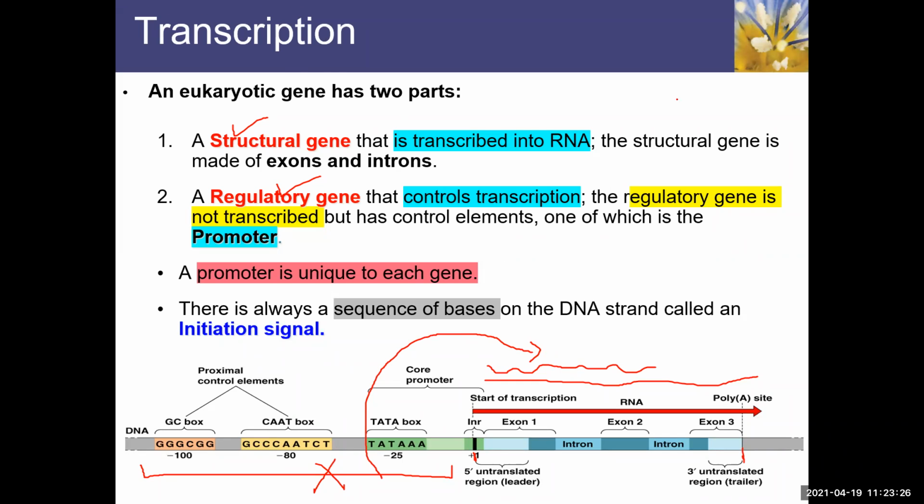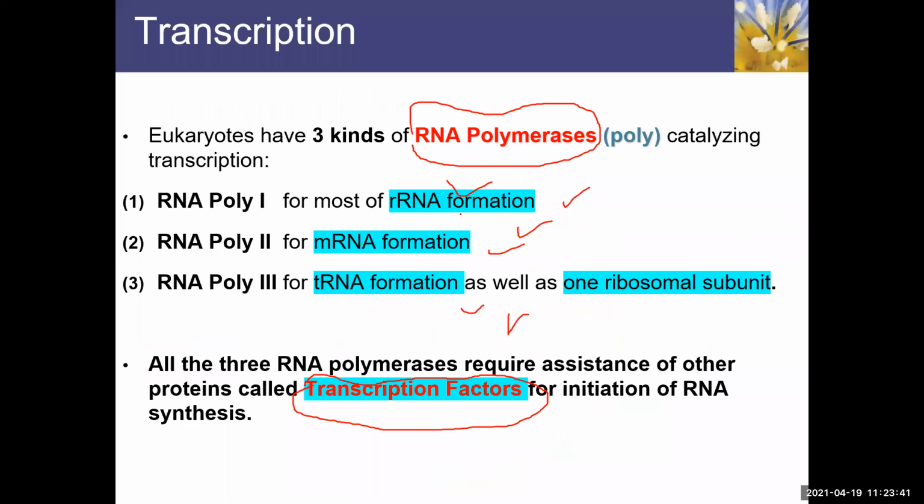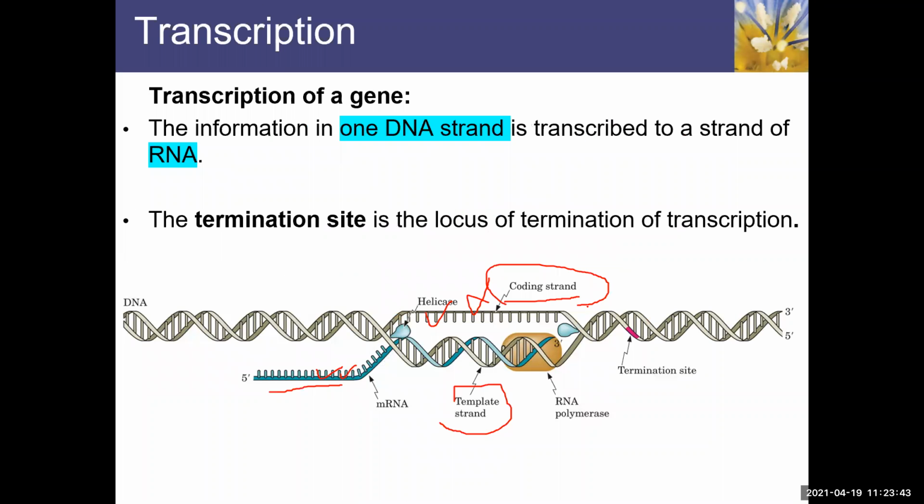Could we say that coding strand is exons? No, no, no. The coding strand is just the strand which is the non-template strand, which is complementary to the template strand. Exons and introns are something else; I can have exons and then introns in this strand, and in this one also I can have exons and introns.